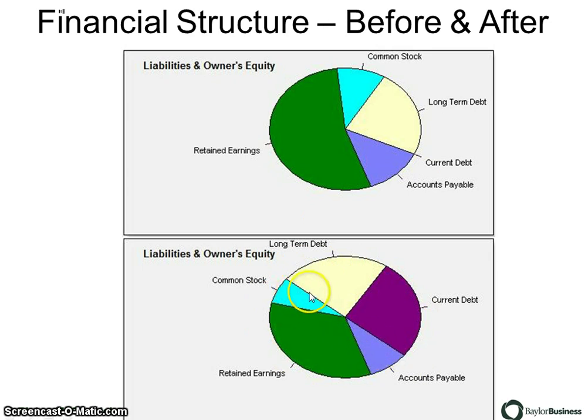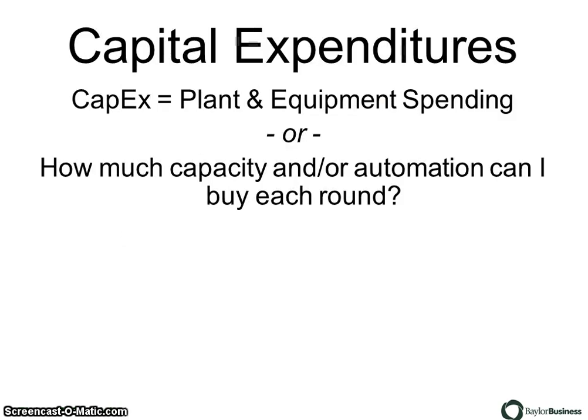But you can see a company now that has a great deal more debt and a great deal less, as a percentage, of owner's equity. That's called financial structure, whether you finance with debt or equity. And you'll see that reflected in this chart here. As you make decisions, you'll see the different slices of the pie move around, and that's kind of understanding and managing your financial structure. That's why that chart is on that page.